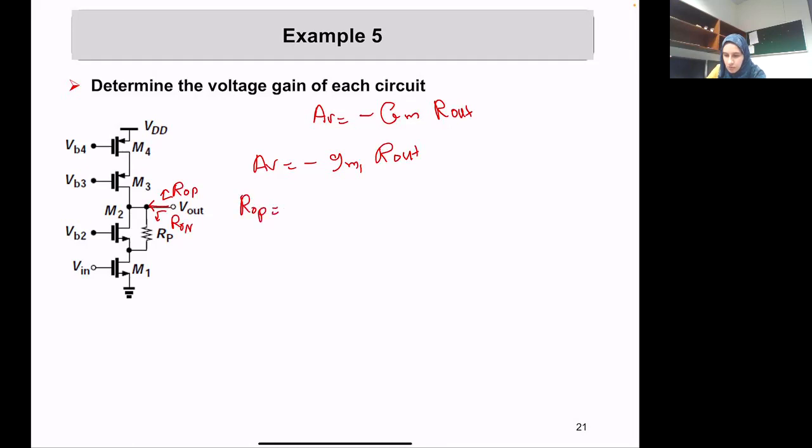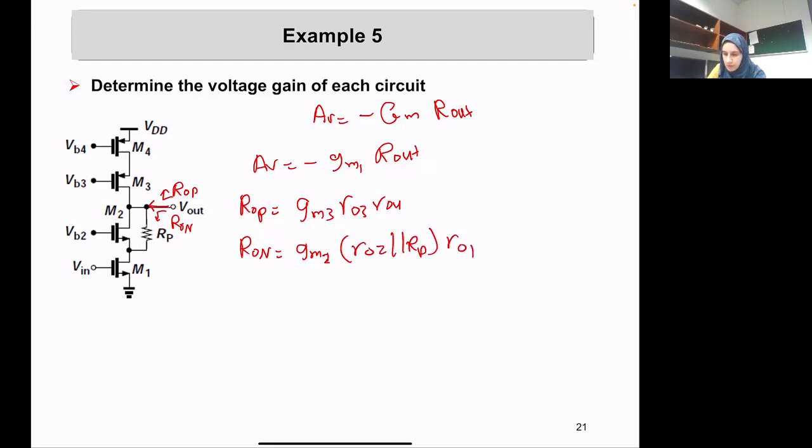The cascode through the PMOS is GM3 R out 3 R out 4. And RON is basically GM2 times R out 2, which is what we discussed.